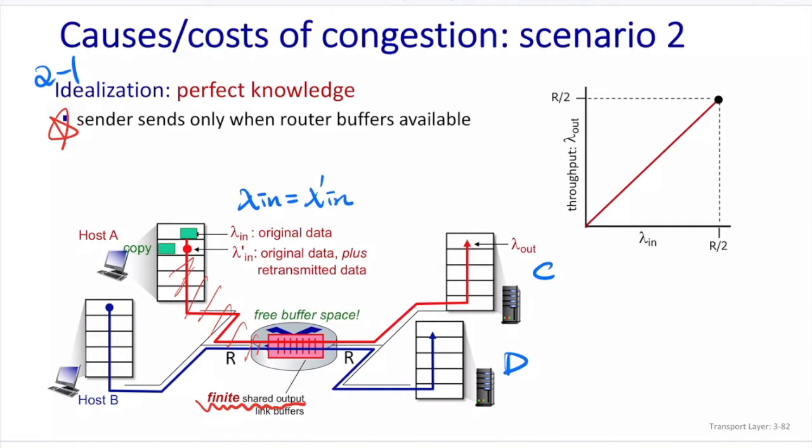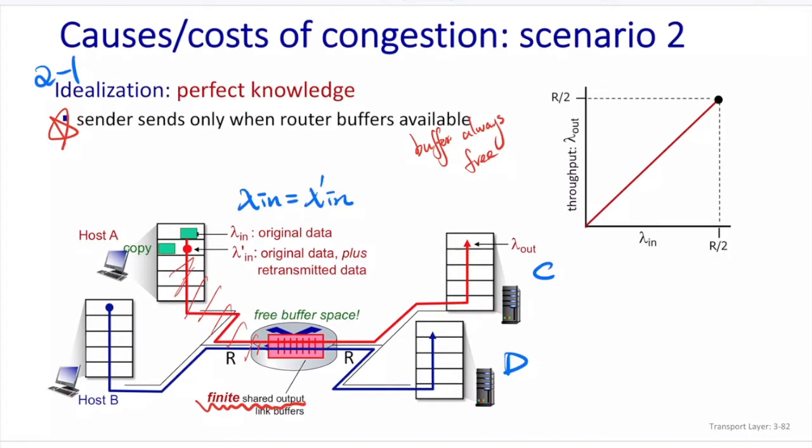In this case, the buffer will always have a free slot, because the sender A magically has perfect knowledge of the router's buffer.